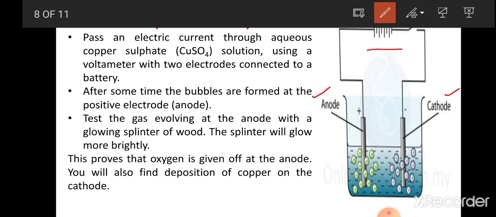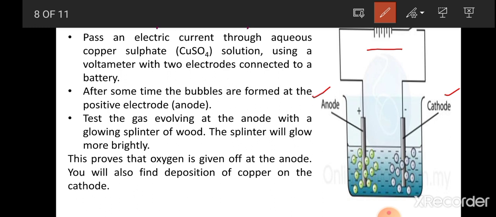When we take the aqueous copper sulfate solution in this voltameter, or electrolytic cell, and electric current is passed through it, CuSO4 will dissociate into positive and negative ions.